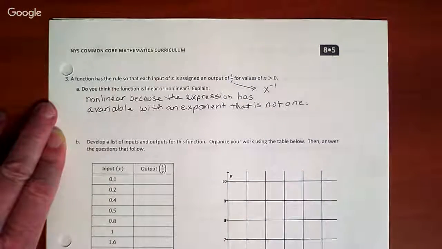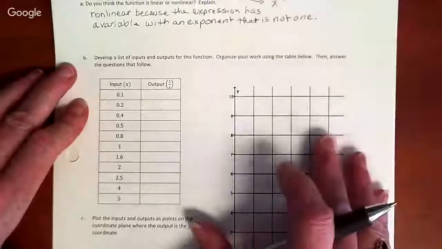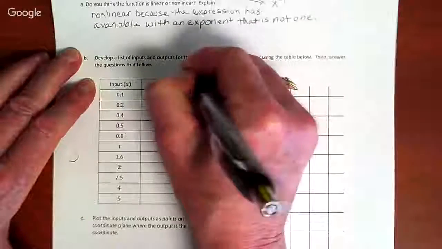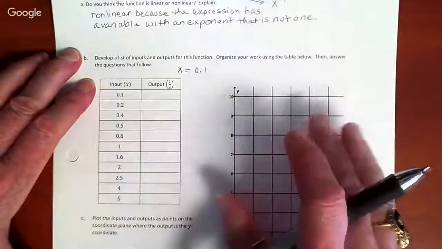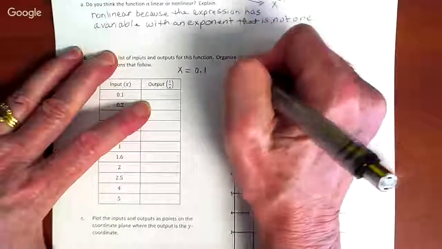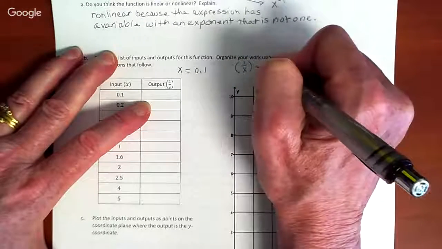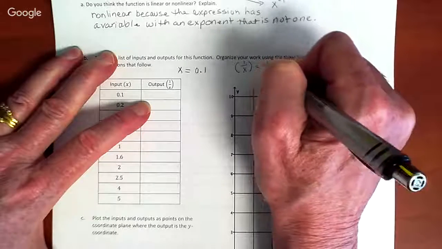Okay, so let's look into this. Here we're going to start with 0.1. By putting that in with 1 over x, it's going to equal 1 over 0.1.